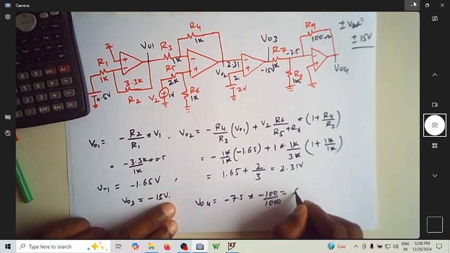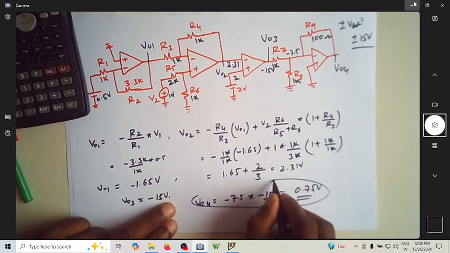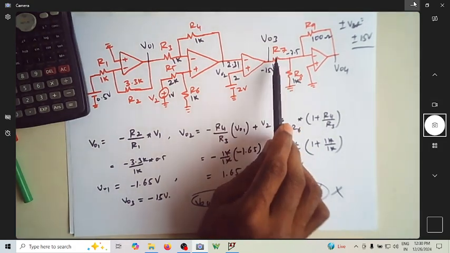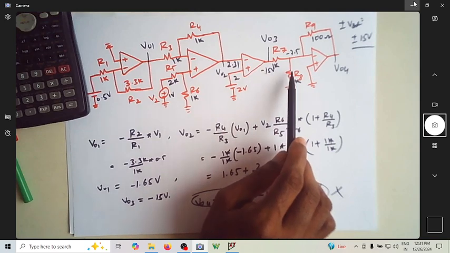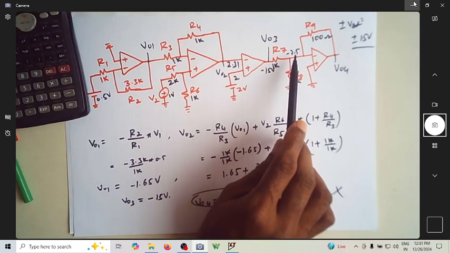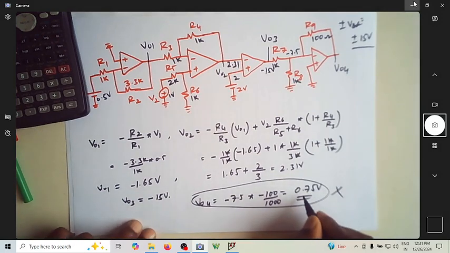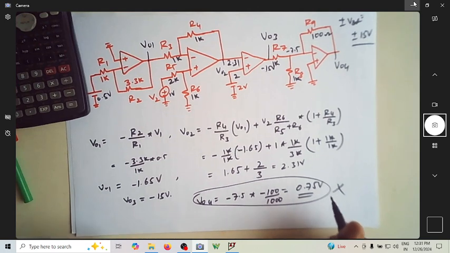You write it as 0.75 volt as the answer, but this is the wrong answer, because you assume that this minus 15 volt will be potential divided to give minus 7.5, that is amplified by minus 0.1 times, which will give you 0.75 volts.